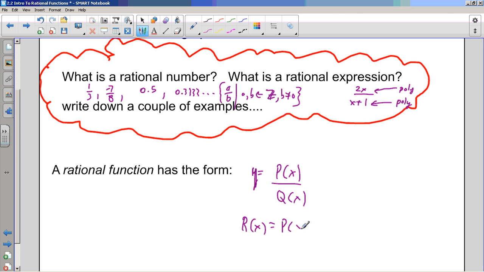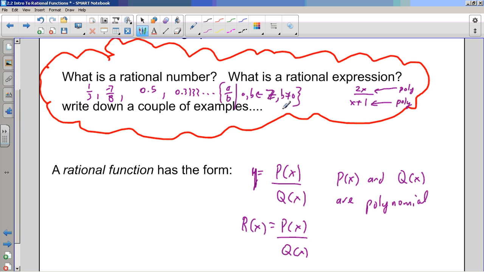Grown-ups use function notation, where p and q at x are both polynomial expressions. So essentially it's what we had last year in grade 11 with a y equals or an f at x equal to it.